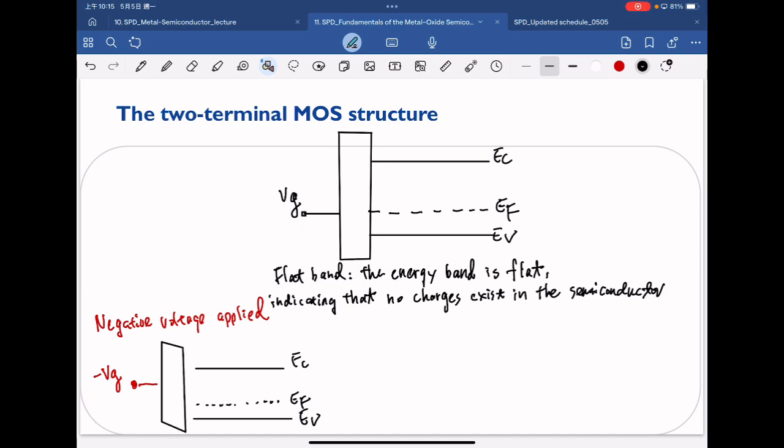And also, not only the band bending in our silicon dioxide, but also the band bending at our silicon semiconductor interface.